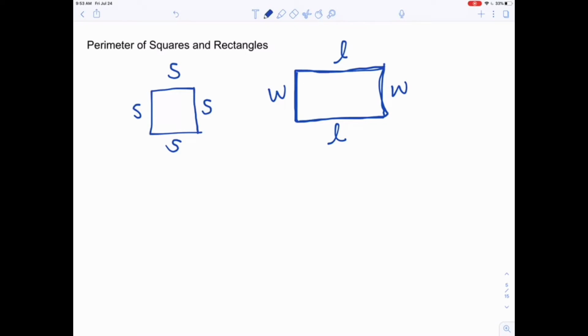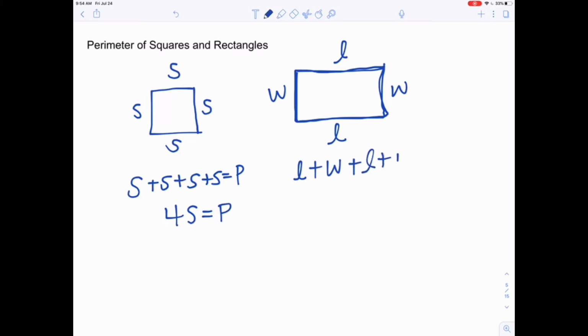Based on that idea, the perimeter of a square would be side plus side plus side plus side. This would be the perimeter. S plus S plus S plus S is just 4S equals the perimeter. That's for a square. For a rectangle, it would be the length plus the width plus the other length plus the other width, and that would give us the perimeter.